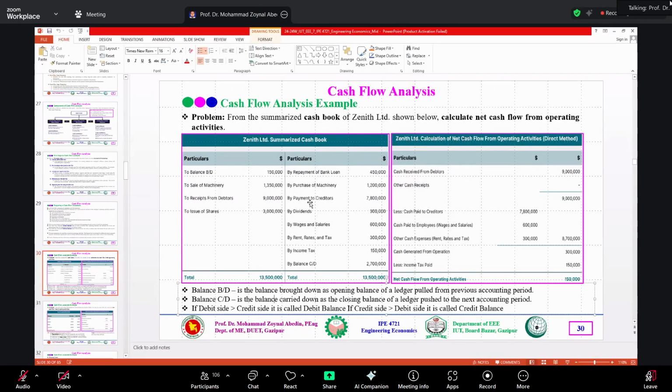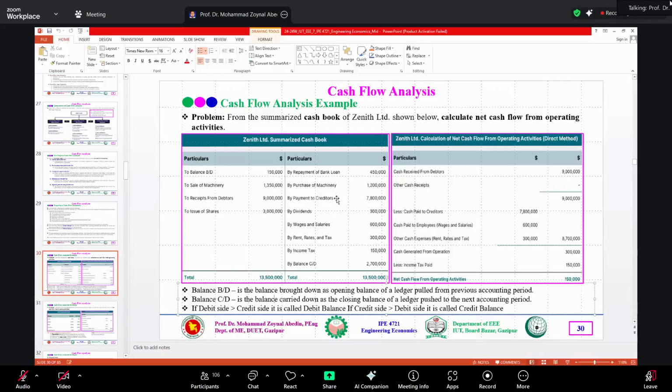But payment to the creditors is a cash outflow for operating activities. That's why you can see less cash paid to the creditors. Payment to the creditors is 780,030, this one. This is the outflow.